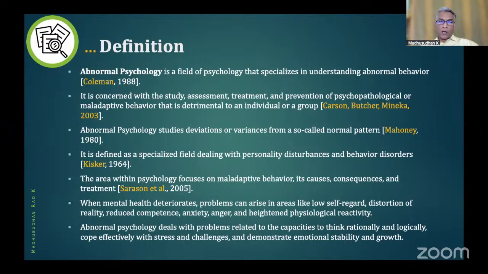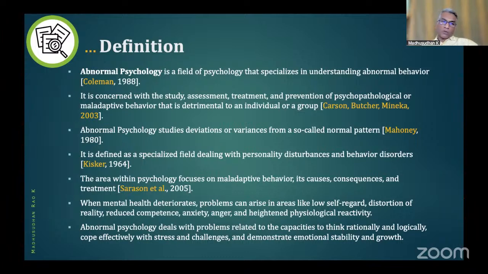So by reading all the definitions, we can say abnormal psychology can be defined as follows: when mental health deteriorates, problems can arise in areas like low self-regard, distortion of reality, reduced competence, anxiety, anger, and heightened psychological reactivity. Abnormal psychology deals with problems related to the capacity to think rationally and logically, cope effectively with stress and challenges, and demonstrate emotional stability and growth.